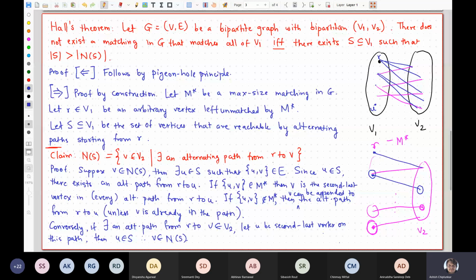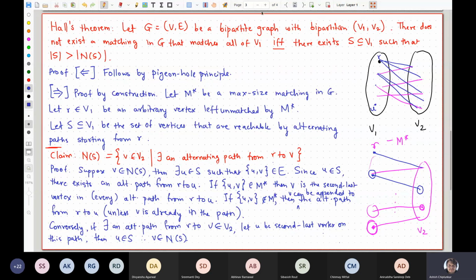Absolutely, you're right. So if somebody belongs to NS, what does that mean? There exists an alternating path from R to V, right? But then V must be matched to somebody in V1, and that guy must belong to S, right?